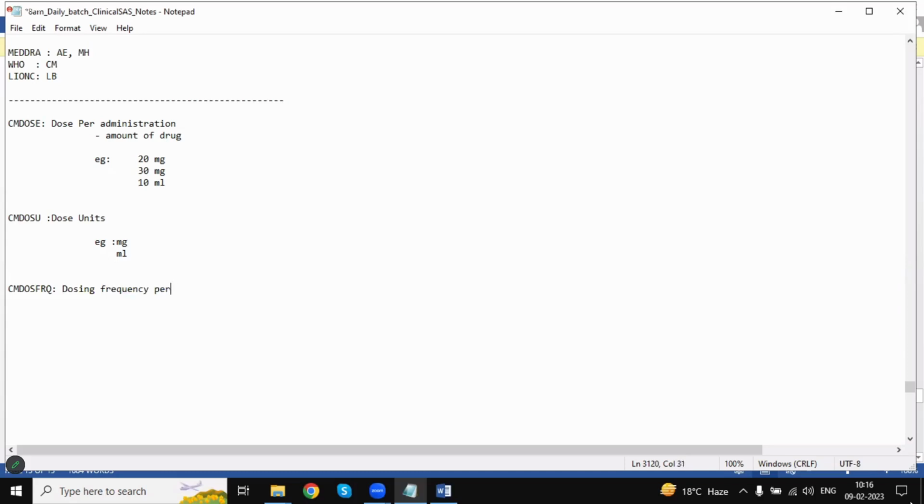Dosing frequency per interval. For example, once per day or twice per day. How frequently is the dose taken? Once per week, twice per week. The dosing frequency you have to capture.